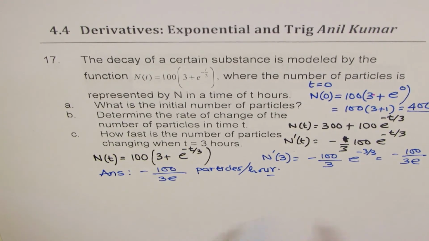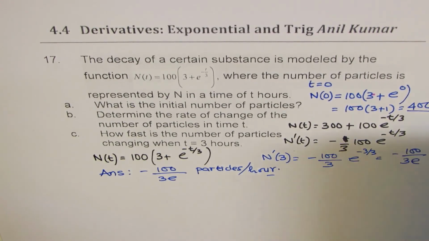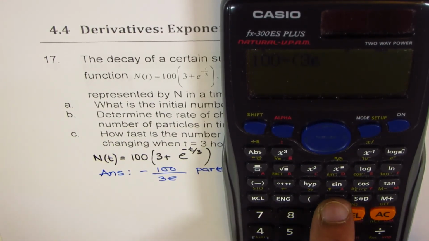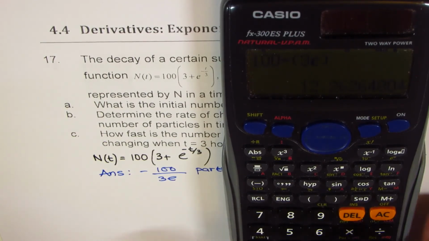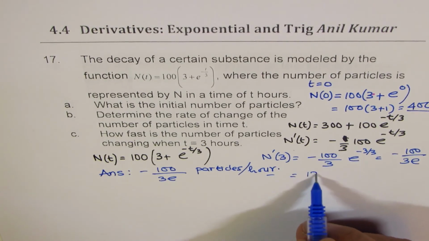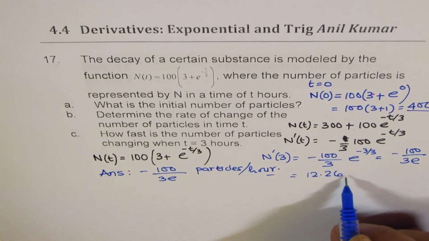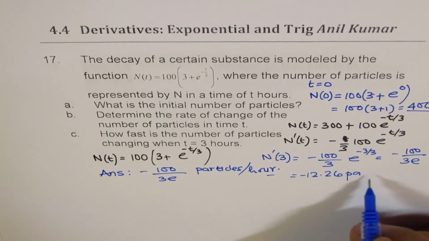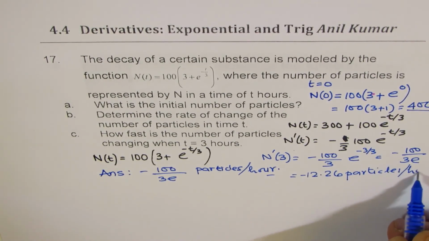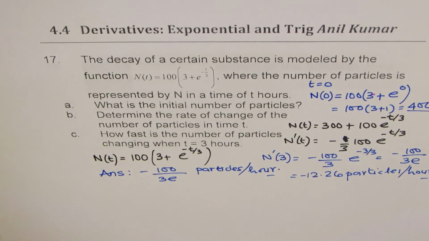So you can actually calculate the decimal value also. So we have 100 divided by 3 times e, which is equal to 12.26. So that is negative 12.26 particles per hour. Okay, so that is how it should be solved.